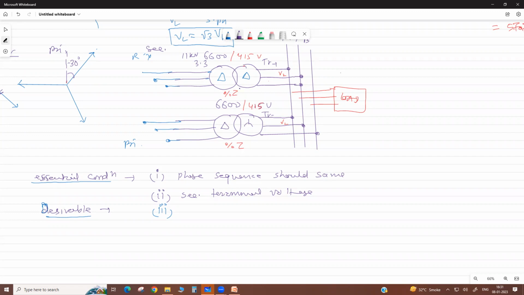In that case, their percentage impedance may be different and their turn ratio will be different. But if their primaries are connected to the same source, the same bus bar, then the turn ratio must be the same.